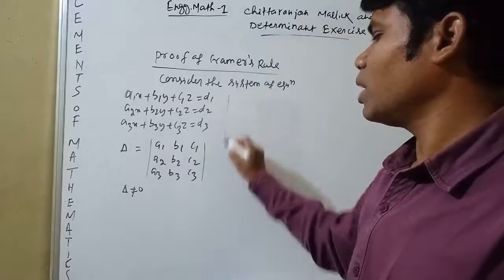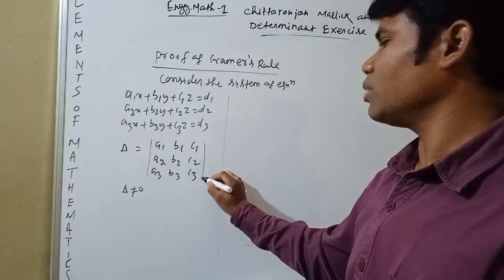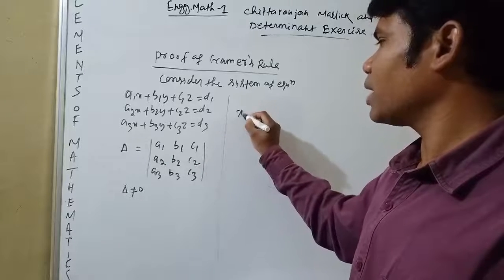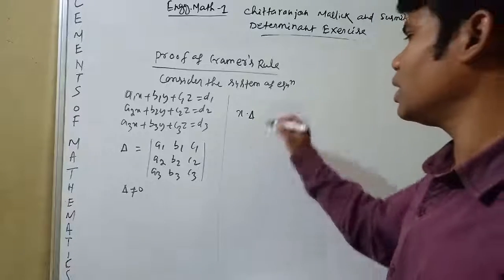You see this is your column 1, this is column 2, this is column 3. You multiply x with del, how much do you get?